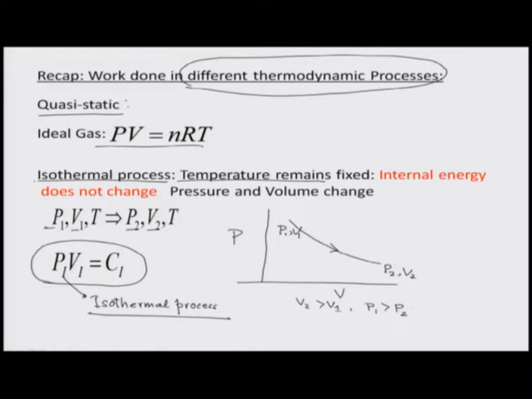So, volume increases and I am going from high pressure to low pressure, and this I will often call expansion. In an isothermal process, temperature remains fixed, internal energy does not change, but pressure and volume change.